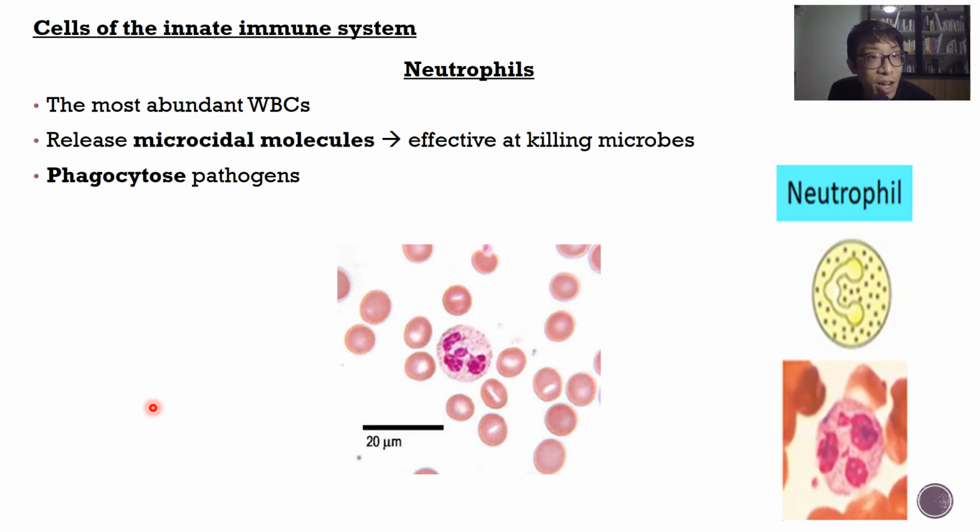They are very effective in killing pathogens because they release quite a number of different microbicidal molecules. One of it is defensins that we have looked at earlier, but there are others as well. And they are a phagocyte, so they are able to phagocytose the pathogens as well.